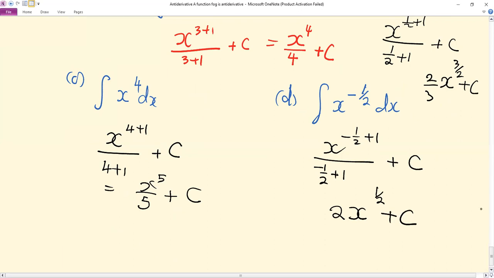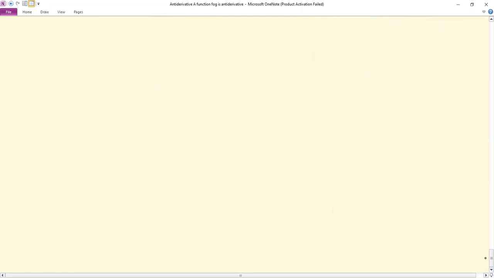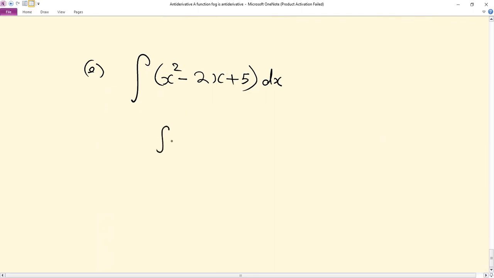Next problem on application of the power rule, E: the integral of x squared minus 2x plus 5 dx. Now you just apply integration on each term. So you'll have the integral of x squared dx, minus 2 times the integral of x dx, plus the integral of 5 dx. The constant 5 can be written as 5 times x raised to the power 0.